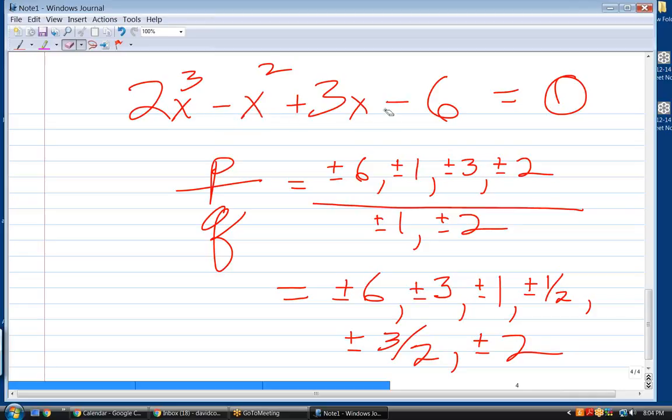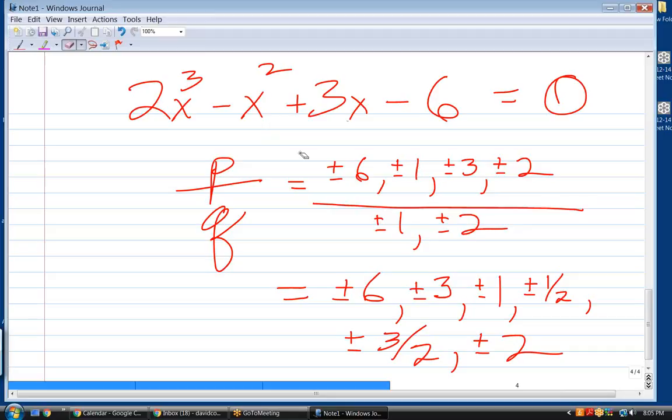And if solutions are irrational, they come in pairs. So it would be very difficult not to have a rational solution here. I couldn't have 2 irrational and 1 complex. I couldn't have 2 complex and 1 irrational. So I pretty much have to have a rational solution.